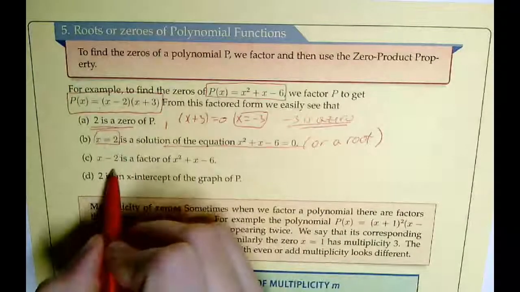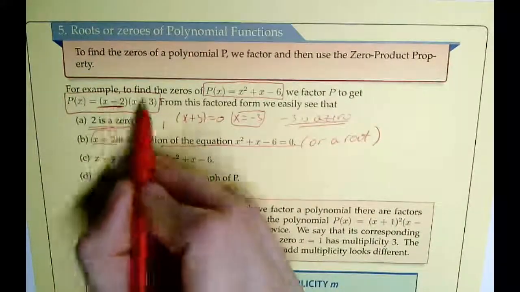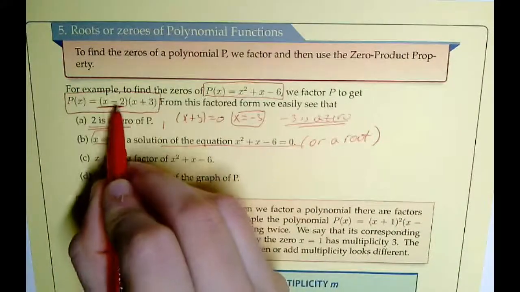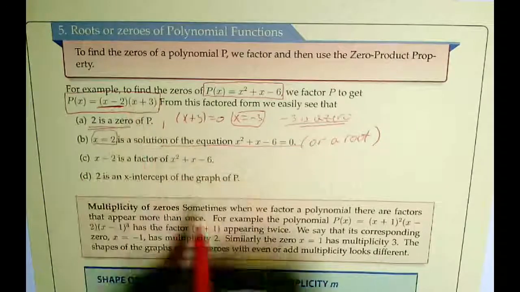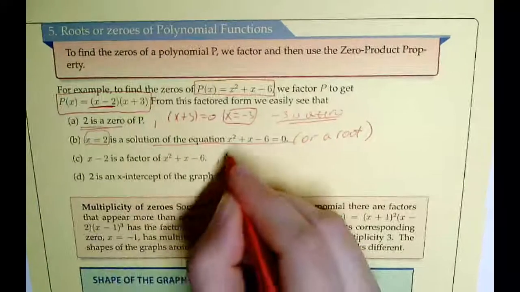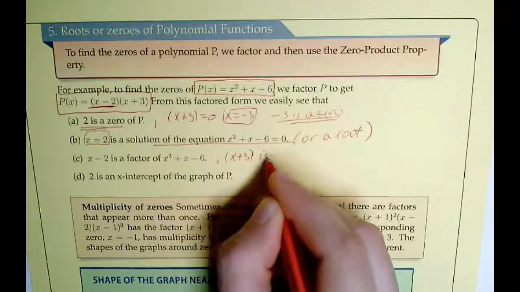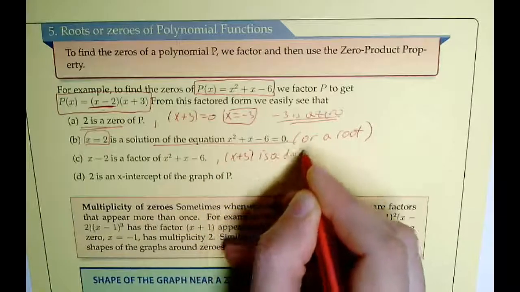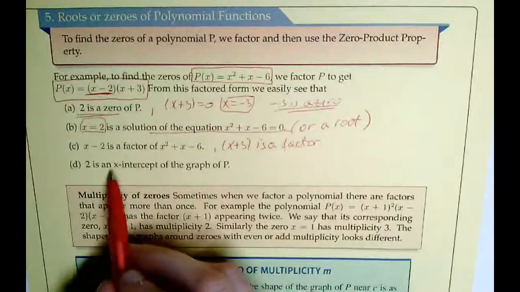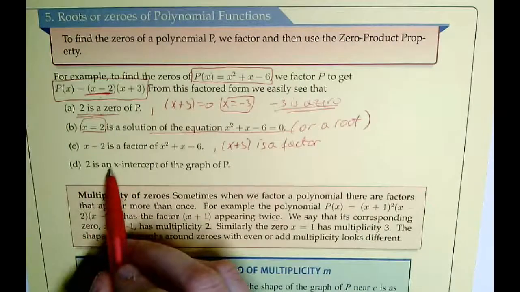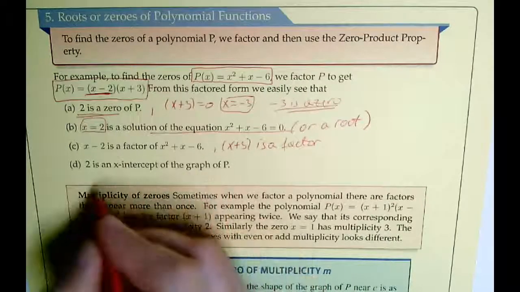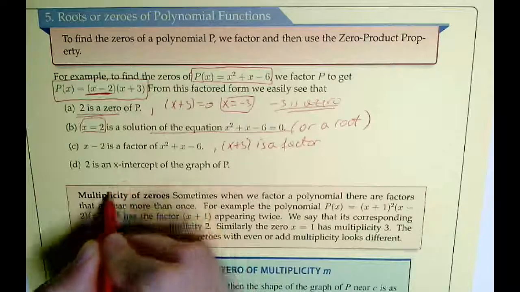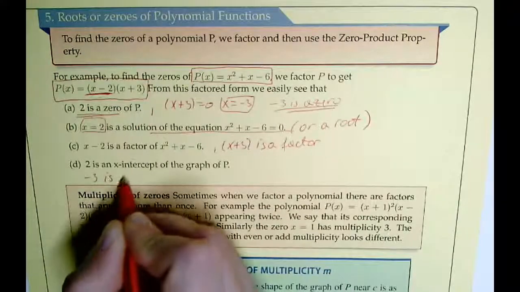And then x minus 2 is a factor, because when we factor the polynomial, we write it as a product of factors. And also x plus 3 is a factor. And then we also can say that 2 is an x-intercept of the graph of p, and also -3 is an x-intercept.